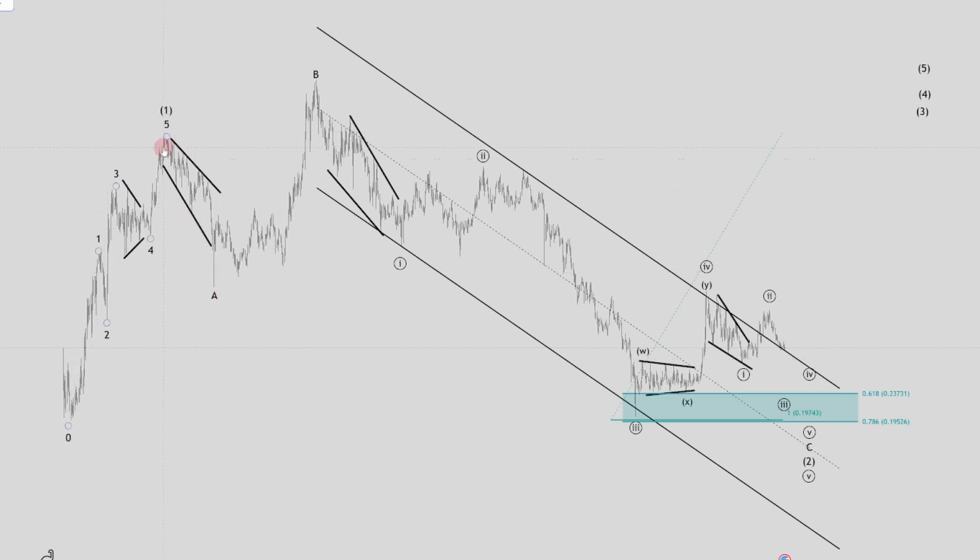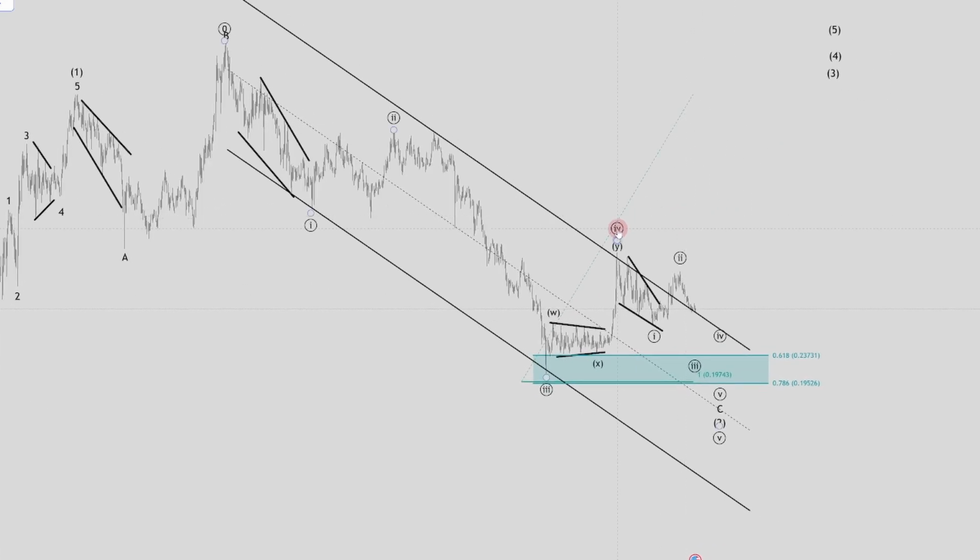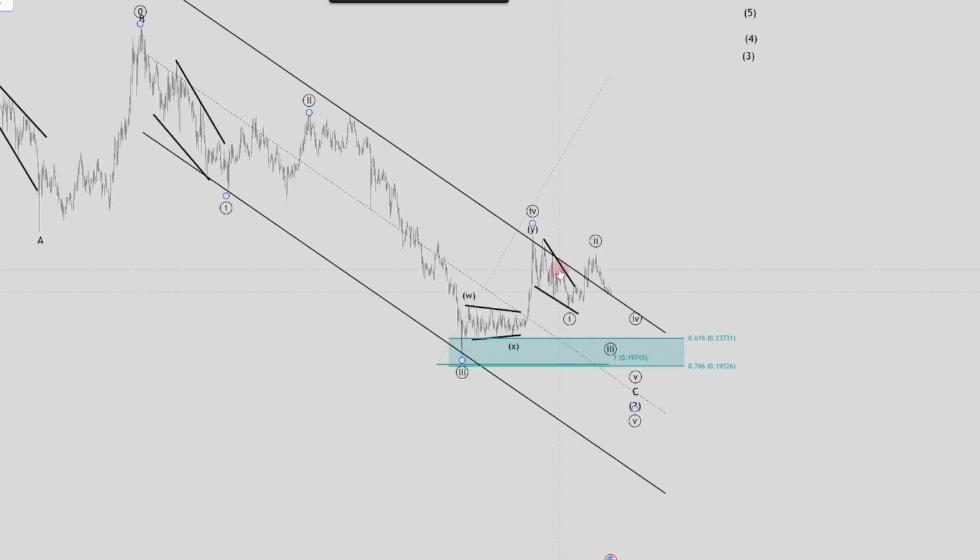Now it's possible that we have 3 waves here as a B, and now we are finishing as an impulse wave. Wave 1, flat for 2, expanded flat for 2, now 3, complex 4, wave 4, and now wave 5.